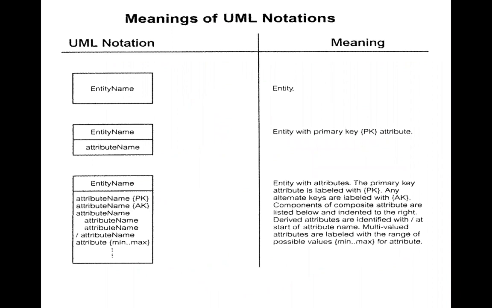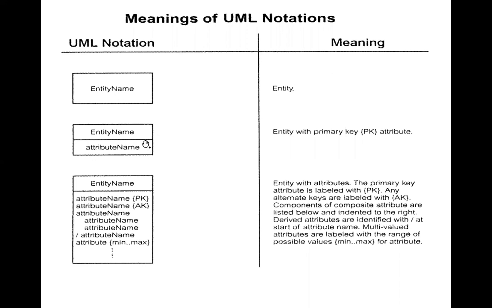We are going to look at the symbols of the UML notation. An entity is represented by a rectangle. If we just list entities without any other details, we would put the entity name within the rectangle. We can include more details.